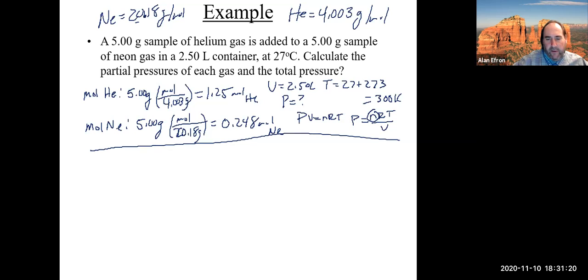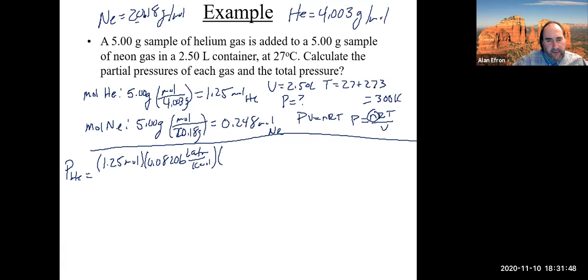So at this point, we now have everything we need for both gases. If we start with the partial pressure of helium, it's going to be nRT over V. We're going to use the moles of our helium, which is 1.25. We're going to use R, which is 0.08206.